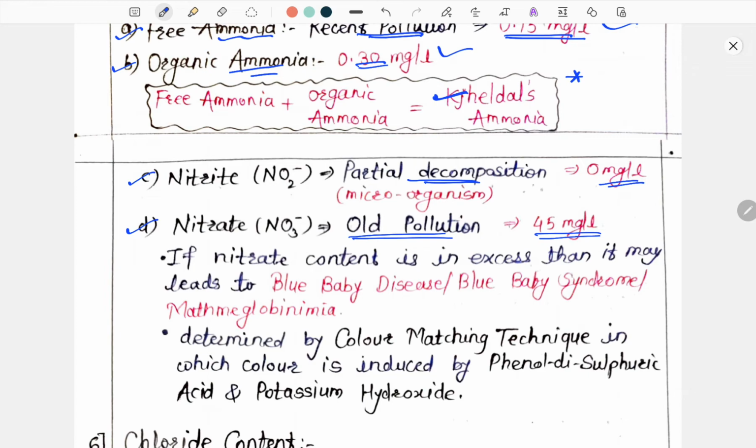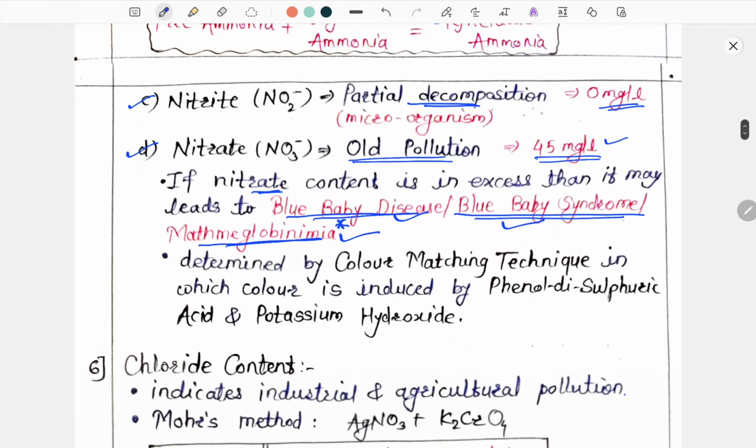So if nitrate content is in excess, then it may lead to blue baby disease, blue baby syndrome, or methemoglobinemia. So this is a very important point. So, these disease names are important.